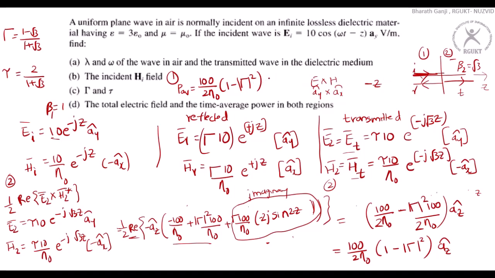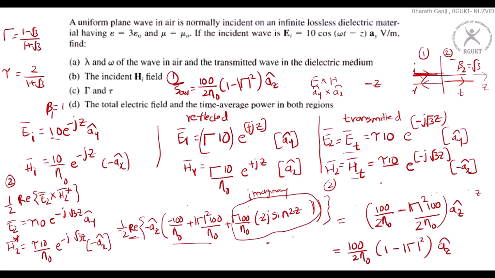This is az cap, it's a vector. We'll talk about what the interpretations are after calculating all the values. In the second region, I think I have made a mistake while writing the field.